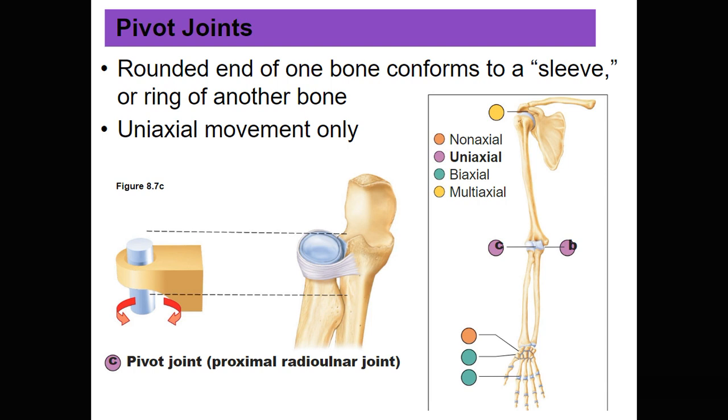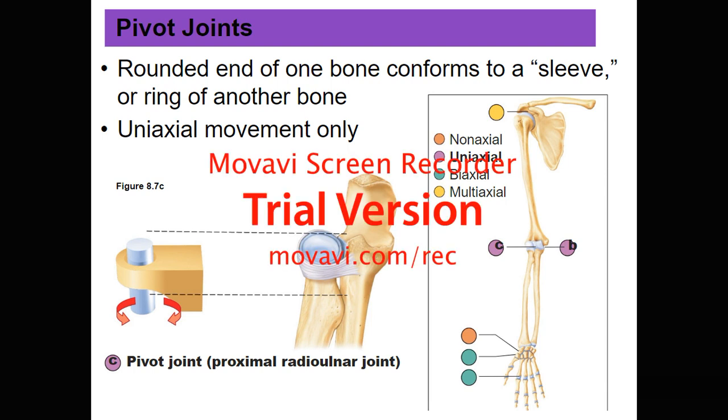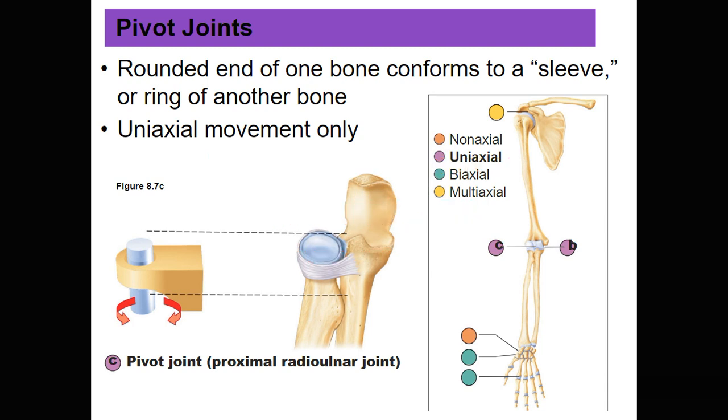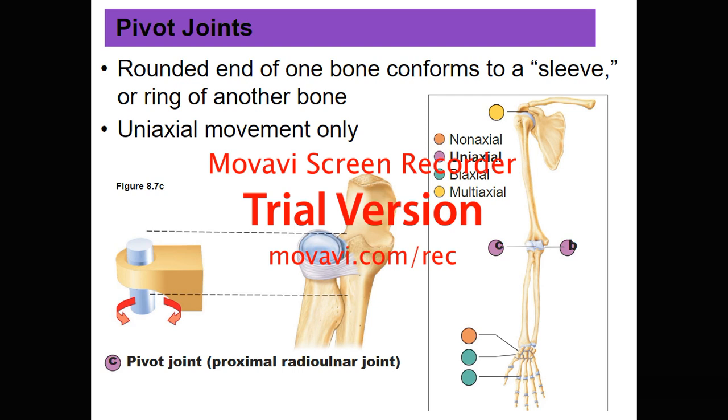As far as basketball, your pivot foot is the foot that stays on the floor, and you can lift up and move your other foot, but you can't move your pivot foot. So when you go from palms up to palms down, your radius is rotating over the ulna. Your ulna will be the pivot in that situation. And again, that's uniaxial movement.